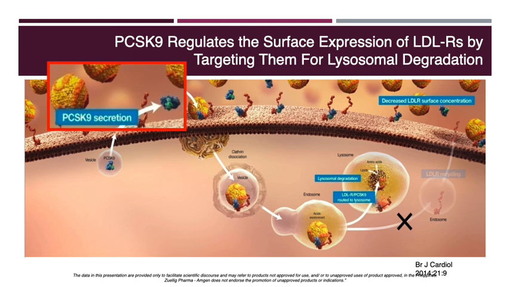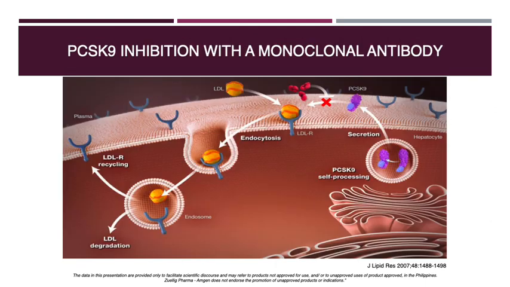Therefore, increased plasma concentration of PCSK9 results in low levels of LDL receptors at the cell surface and subsequently increased levels of circulating LDL cholesterol due to lack of degradation of the LDL cholesterol in the hepatocytes.